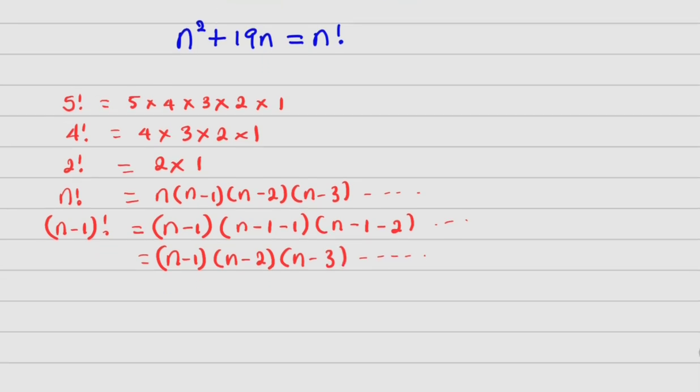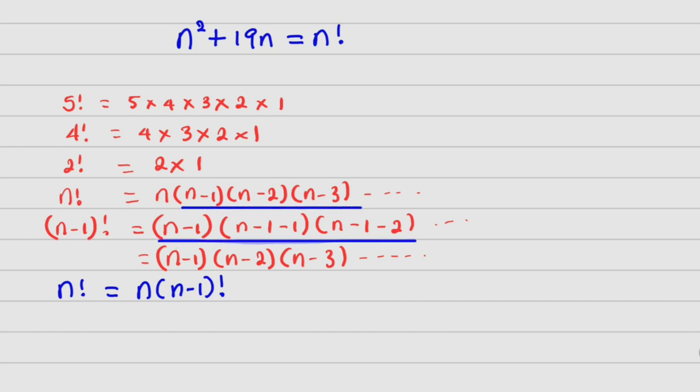So you can agree with me that from this, I can have my n factorial to be written as n into n minus 1 factorial. Why? Because from n minus 1, look at it, it will go like that. So I can summarize it to be like that.